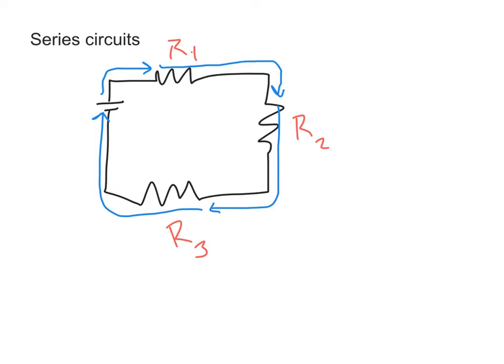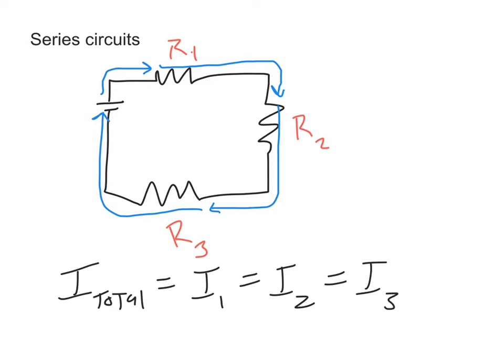So what that means for us is in a series circuit, my total current of the circuit is constant. Doesn't matter how many things I have in my circuit, the total current is constant in a series circuit because it has only one path.